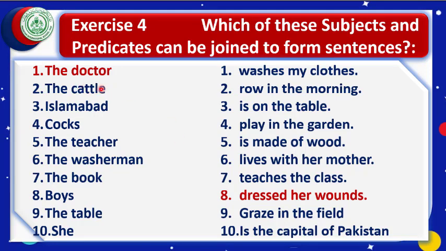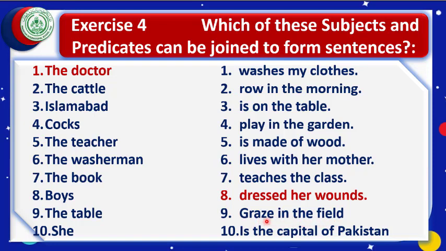The cattle. The cattle again. We shall check all these predicates and try to find out which one is suitable predicate for the cattle. Cattle, as I told you before, means cows, buffaloes. If we look here, we can see graze in the field.